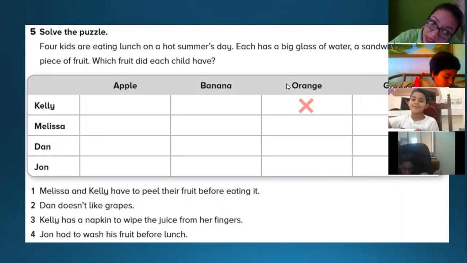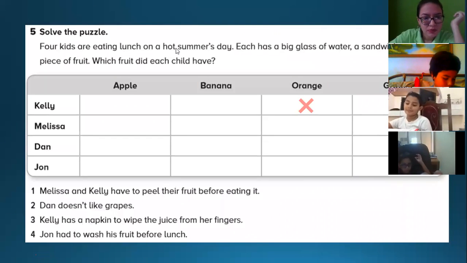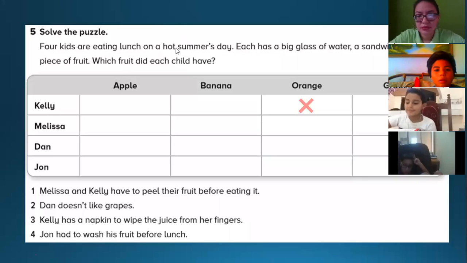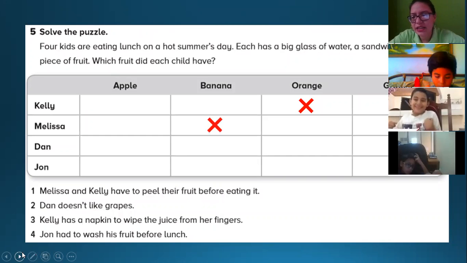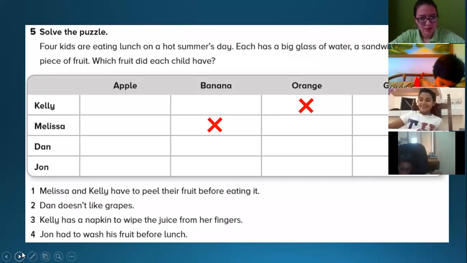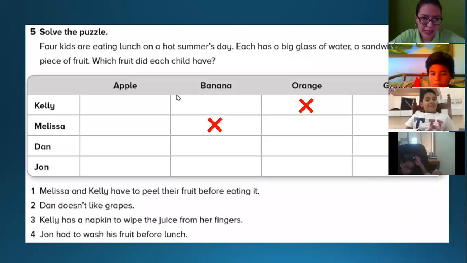Excellent. Okay, Josué Alejandro, what is the other one? Melissa. Banana. Okay, let's check if it is banana. Yes, it's banana.